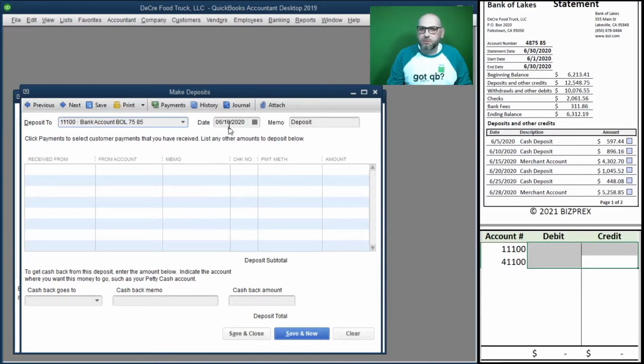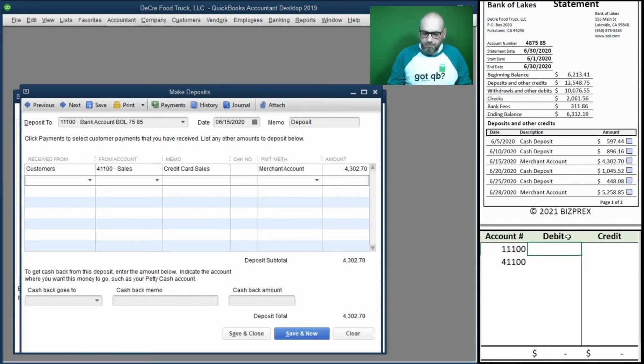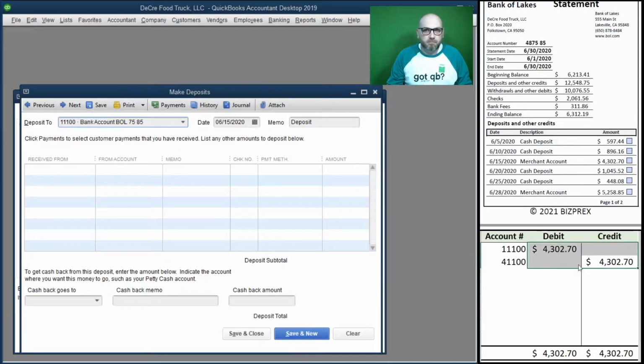Next one is our merchant account deposit. All right, good to go. Everything is in balance. Sales going up. Bank account balance goes up. Now the cash sale.